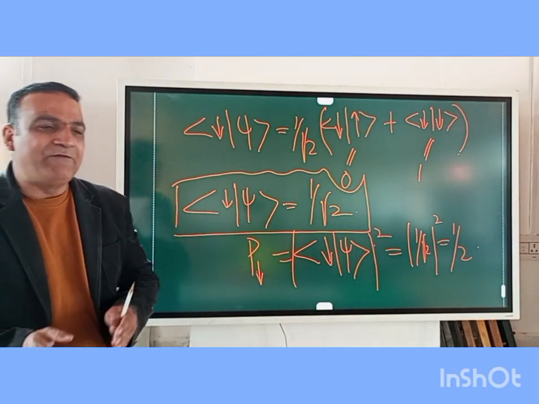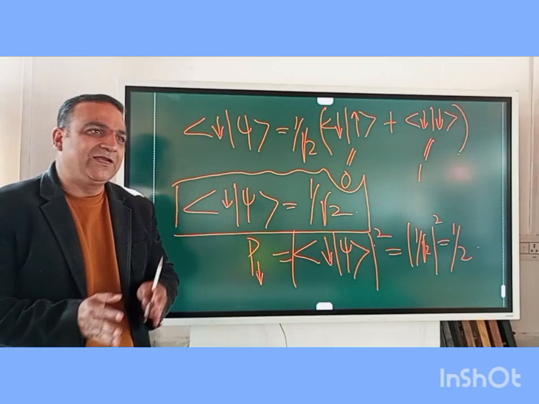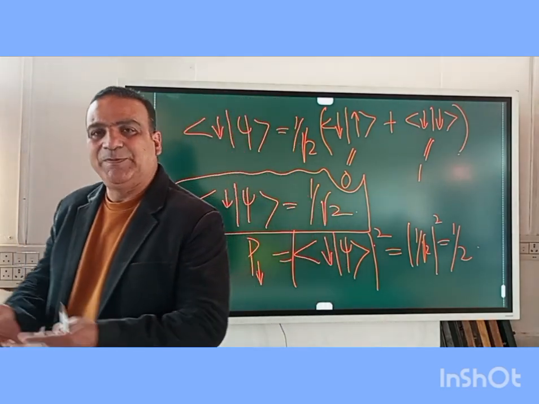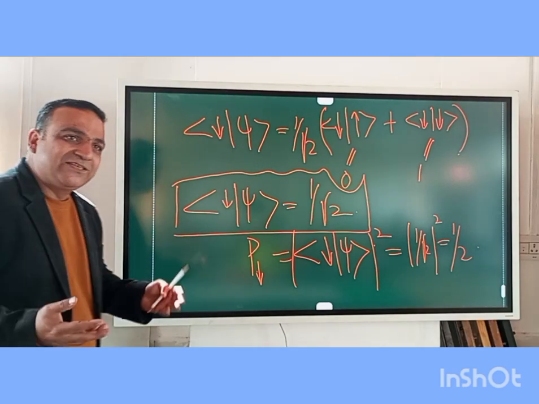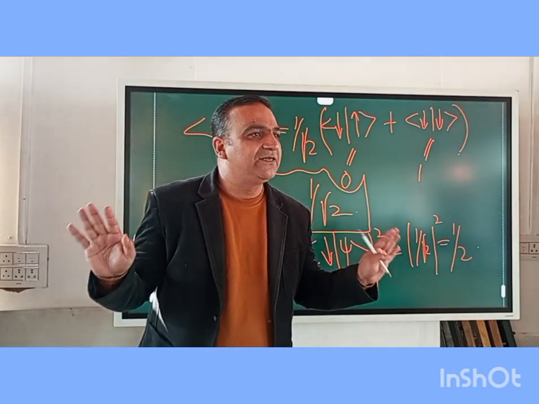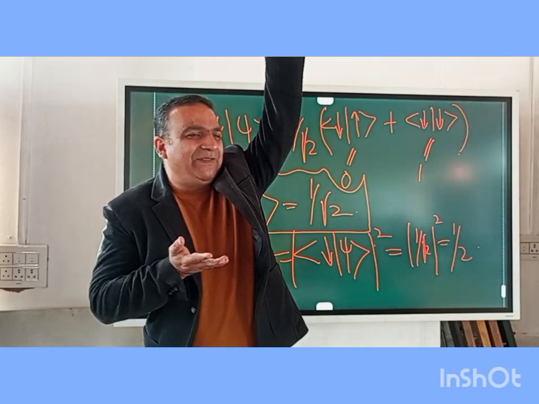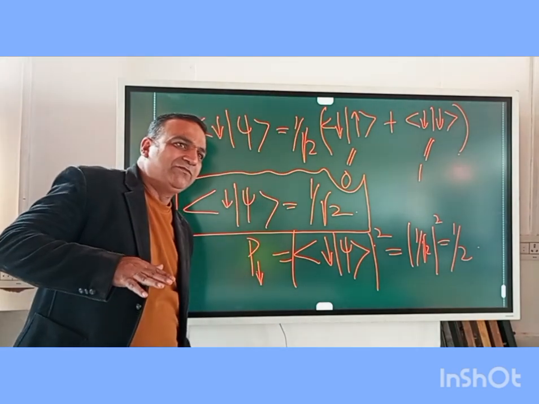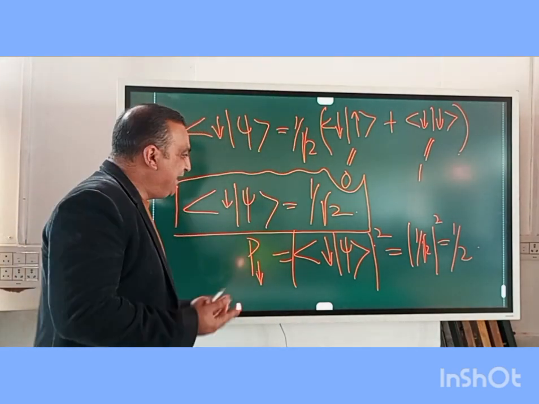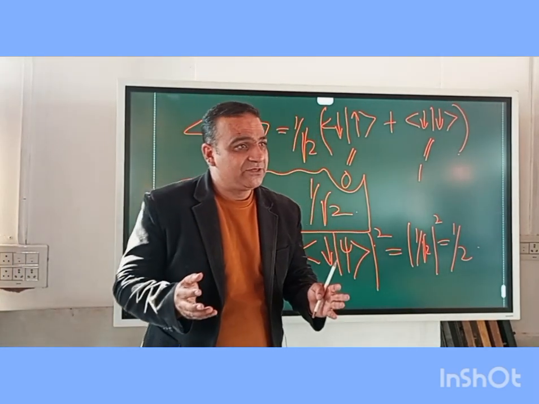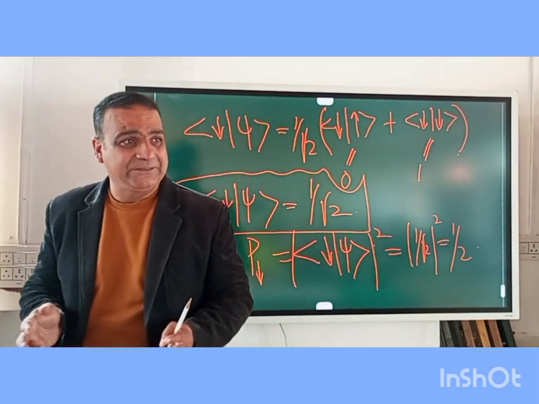So the probability of having particles with spin up is half, and the probability of having spin down is equal to half. This is what we observe in the Stern-Gerlach experiment, right? We see one portion of the detector being hit and another portion of the detector being hit, explaining the way that you have two outcomes, you have two possibilities, right?